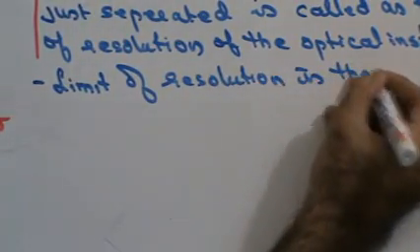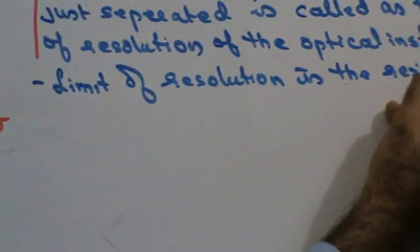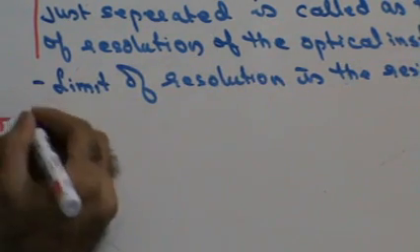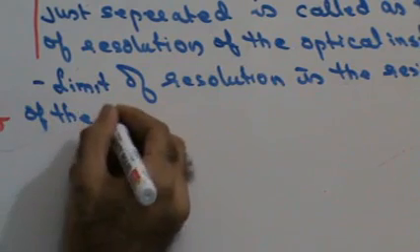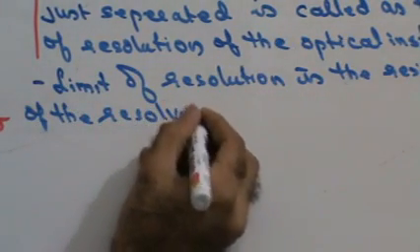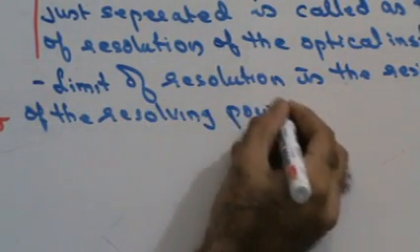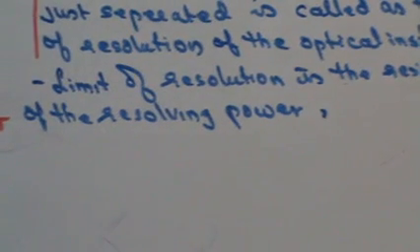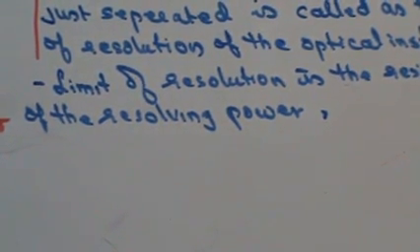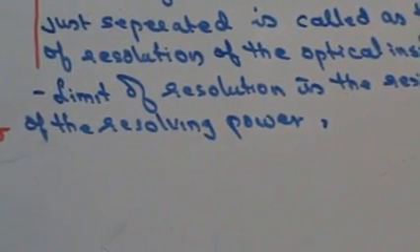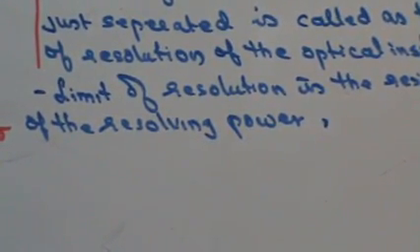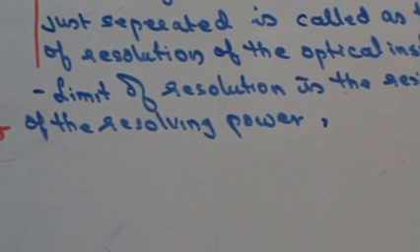So do you understand what is the limit of resolution of an optical instrument? Fine, do we understand this? And why do we have this problem? Because the point object does not appear as a point image, but it appears as an Airy disk, right?